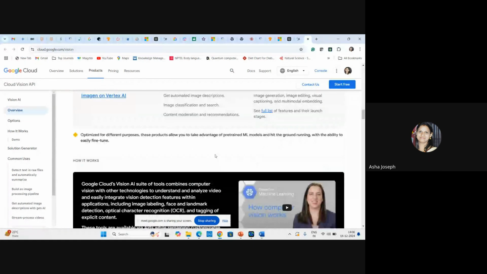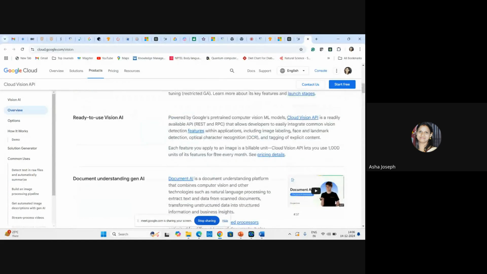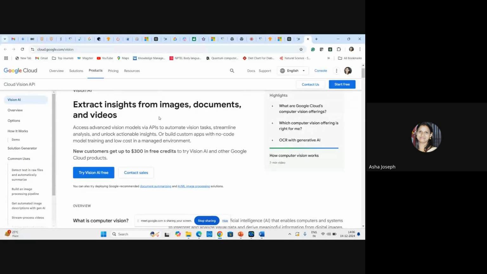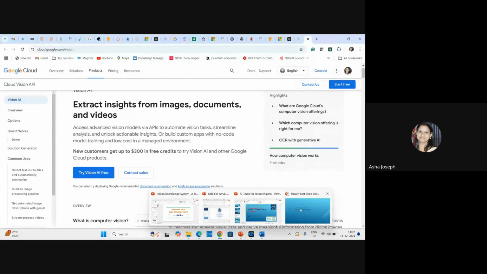So these are some of the different tools which you can use, particularly for your research purposes, whenever you want to extract insight from images, documents, or videos. So these are all the results of somebody else's research, which is openly given to you for you to make use of for your further research. Now coming to the next one, that is Amazon Rekognition.